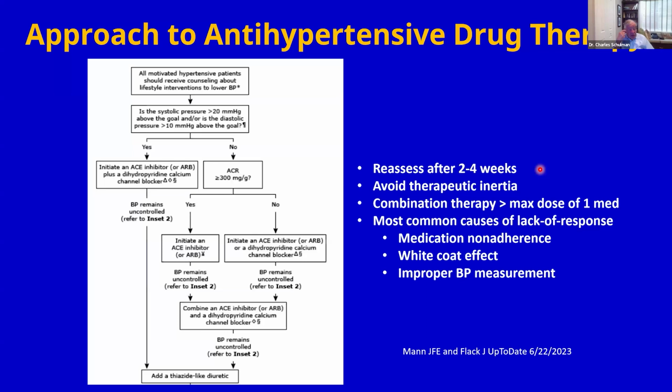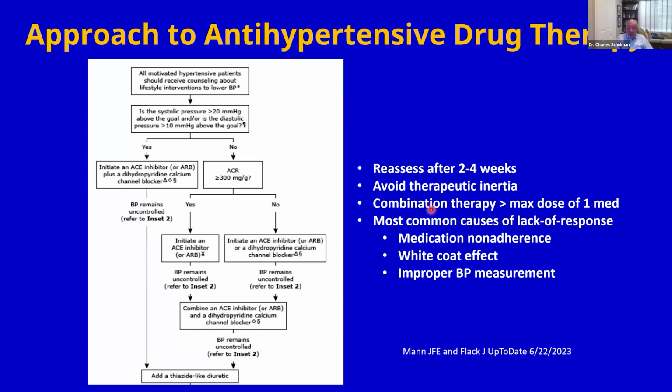If you can't see the patient, have your medical assistant take their blood pressure, get home blood pressures, and have them text them or fax them or bring in the sheet so you can adjust doses of blood pressure medicines accordingly. Avoid therapeutic inertia, right? Therapeutic inertia is where a patient comes in, blood pressure is too high, and nothing changes.